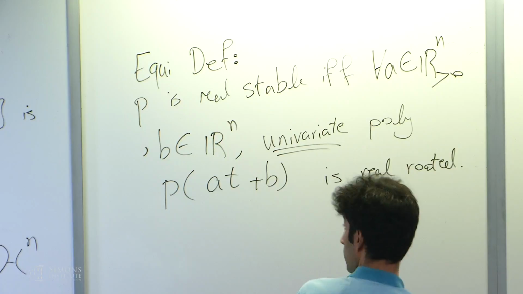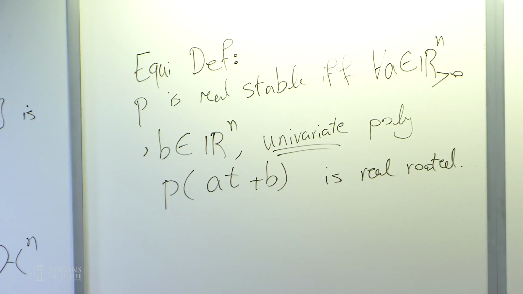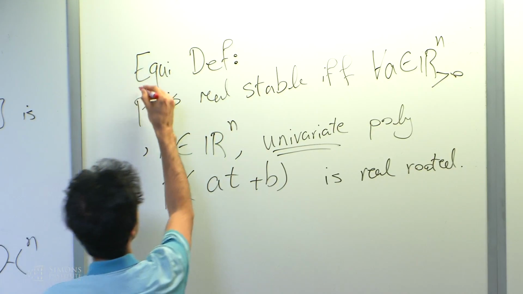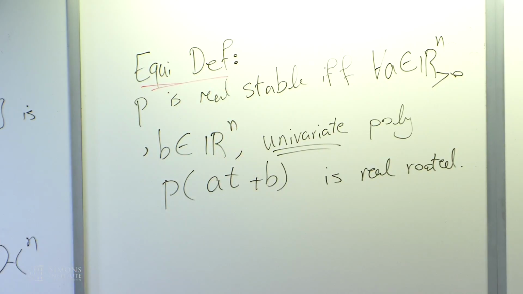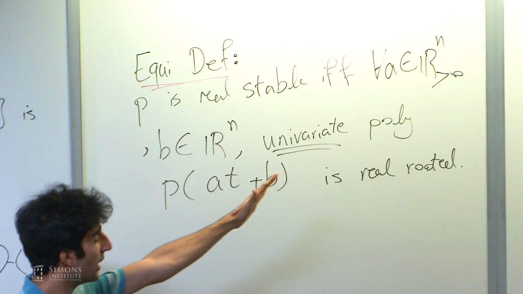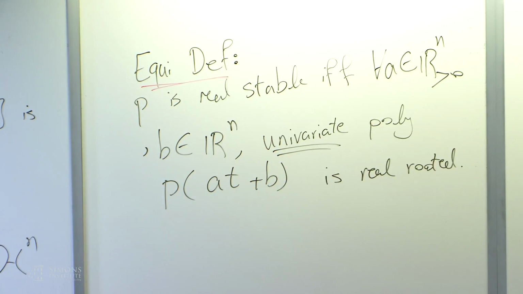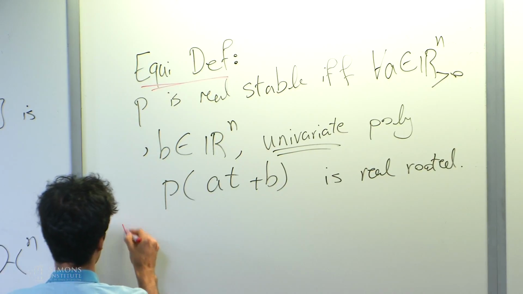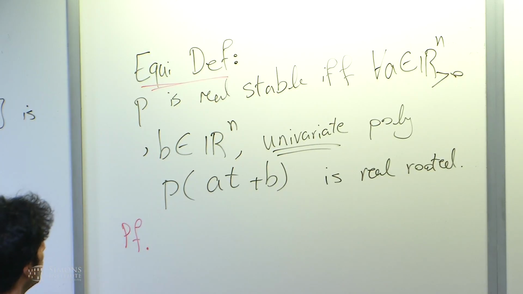Okay. So in order to test a polynomial to be real stable, all you need to do is look at it along this line, at plus b, where a has all positive coordinates, and see if the corresponding polynomial is real rooted. So I want to prove this, and then I'll talk about examples. Let me prove this very quickly.